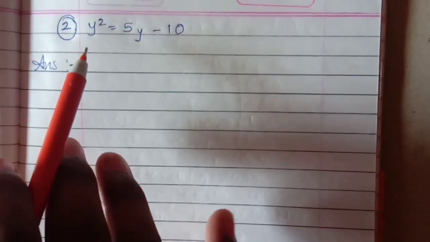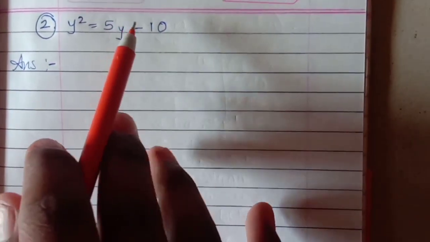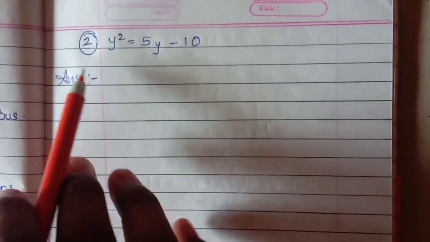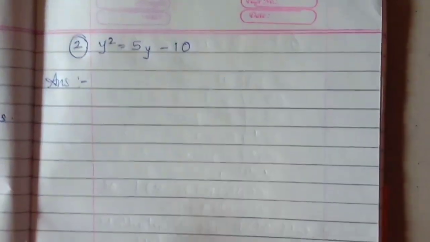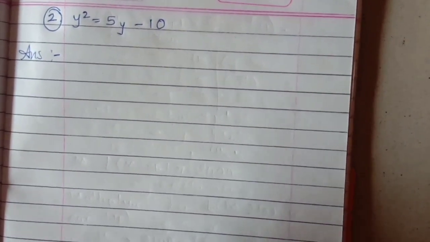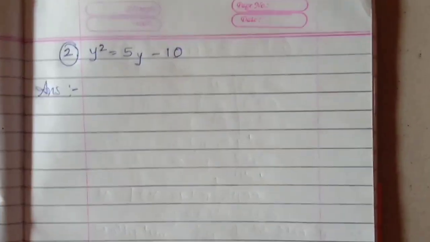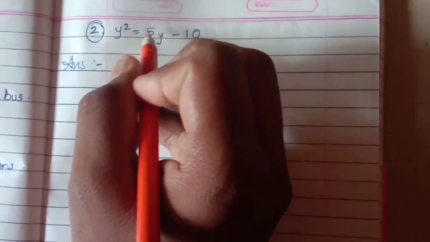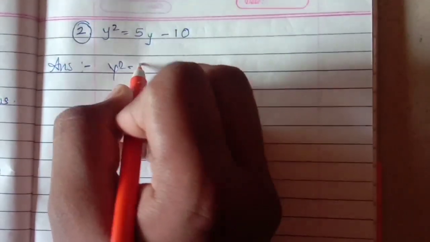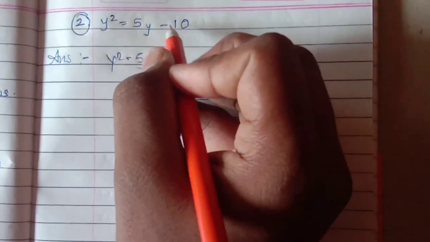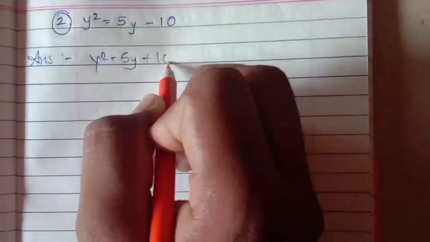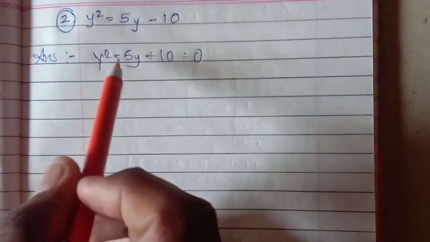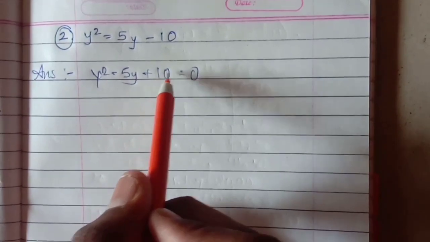The second part is y square is equal to 5y minus 10. As you know, ax square plus bx plus c is equal to 0 is the general form of the quadratic equation. So here we can write y square, this 5y will come to the left side and become minus 5y, and this minus 10 will go to the left side and become plus 10, is equal to 0. So now this is y square minus 5y plus 10 is equal to 0.